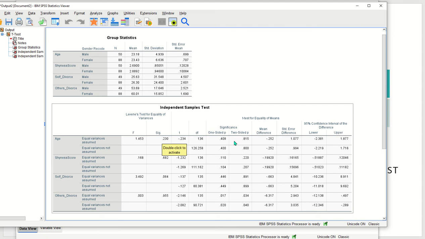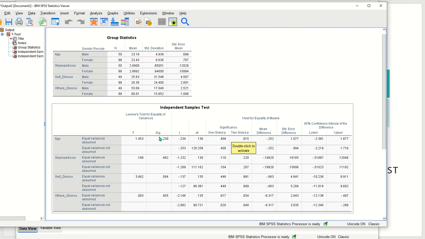Older versions of SPSS usually only have one column for the t-test significance, which automatically just tests for a two-sided t-test. But newer versions include a one-sided as well if you are wanting to do that.